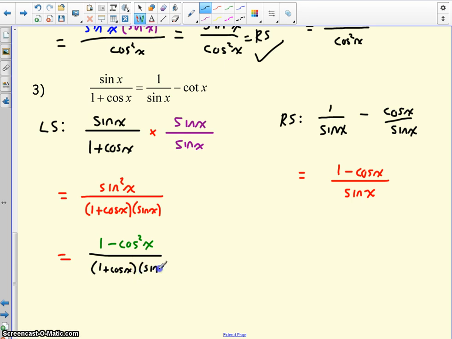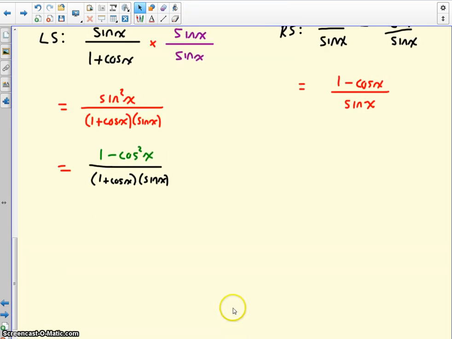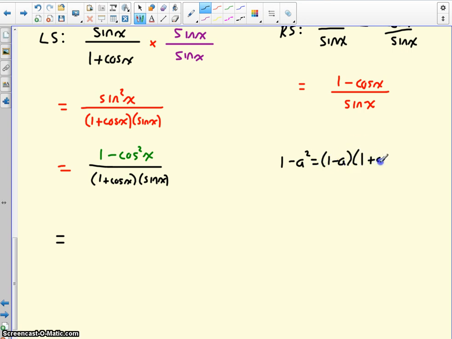And maybe this is now starting to look a little bit more like the right side, except this is 1 minus cos squared x, and I have 1 minus cos x over here. But again, we're still trying to simplify this further. 1 minus cos squared x actually factors. This is a difference of squares. If you think back to your factoring from grade 10, if you had, for example, 1 minus a squared, this would factor into 1 minus a, 1 plus a.